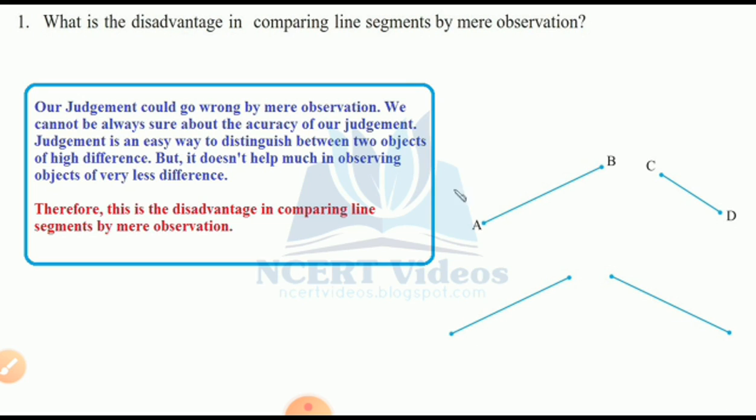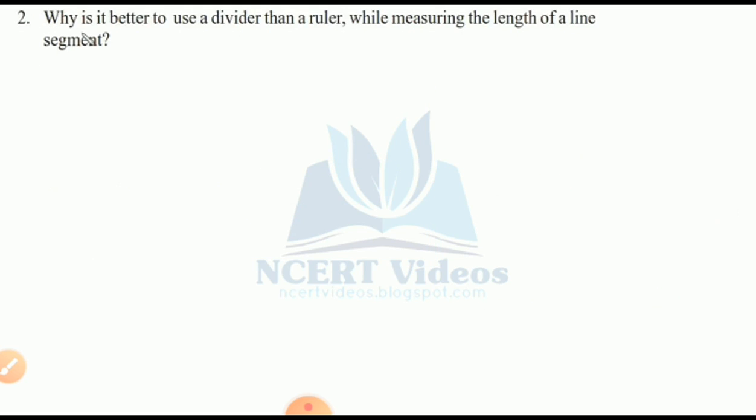We cannot always be sure about the accuracy of our judgment. Judgment is an easy way to distinguish between two objects of high difference, but it doesn't help much in observing objects of very little difference. Therefore, this is a disadvantage.